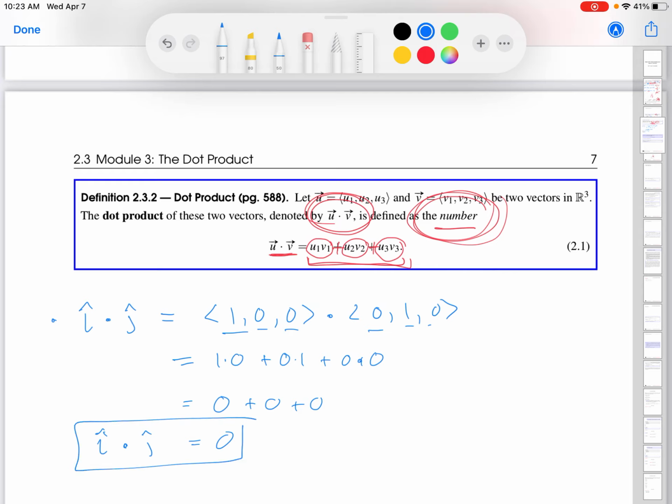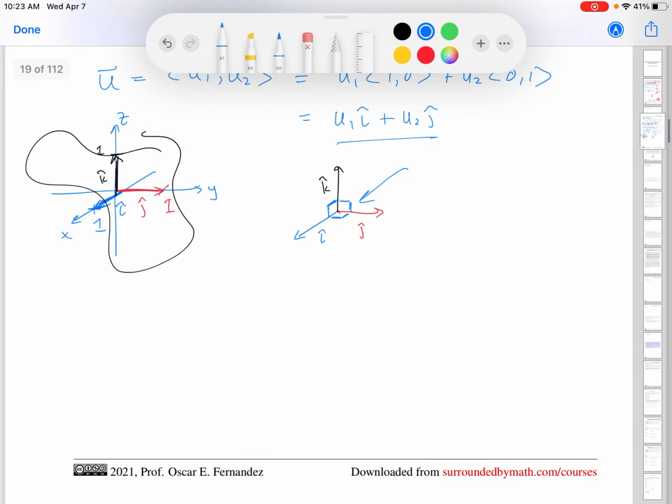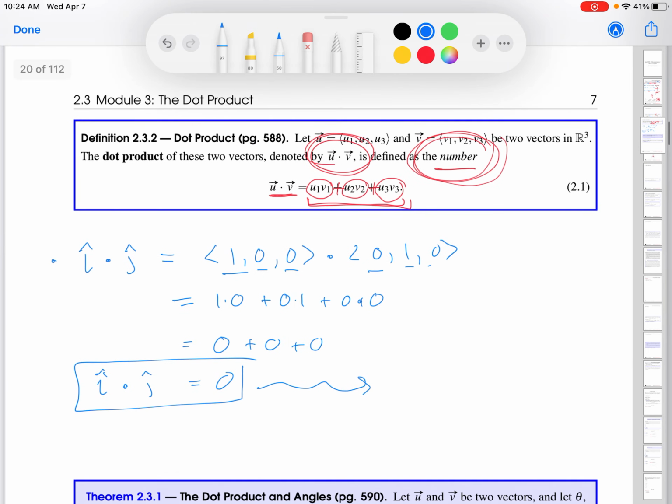And, of course, anytime you get 0 in math, you might suspect that there's something special going on, or that you made a bunch of mistakes somewhere. Often both are equally likely. In this case, though, there is something special going on. We already saw up here that i hat, j hat, and k hat are all mutually perpendicular to each other, orthogonal. That's another word for this. And here we are calculating the dot product and getting 0.